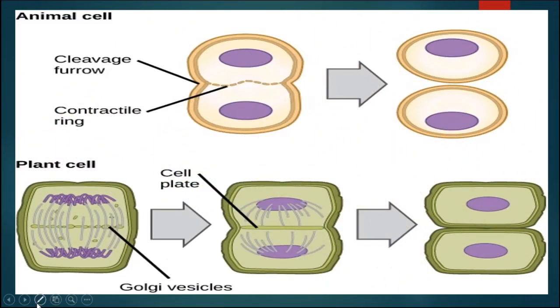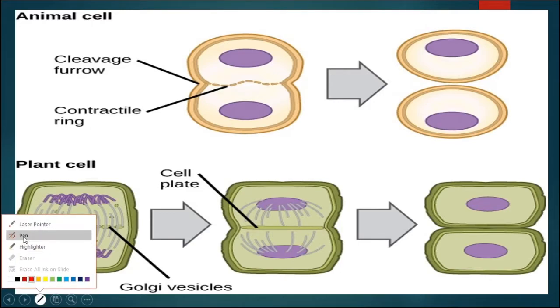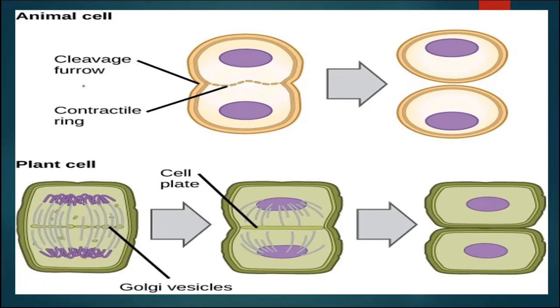This slide is showing the diagrammatic representation of cytokinesis. This is an animal cell in which cytokinesis takes place by the formation of a furrow, known as the cleavage furrow or groove, which forms at the periphery and moves towards the center, and finally gives rise to two daughter cells.